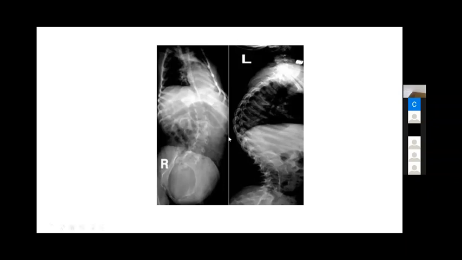Anything abnormal here? You do have a curvature, but if you remember, idiopathic scoliosis has hypokyphosis. The thoracic kyphosis disappears, but here you have hyperkyphosis. More likely to be neuromuscular. Yeah, neuromuscular, polio or PP.